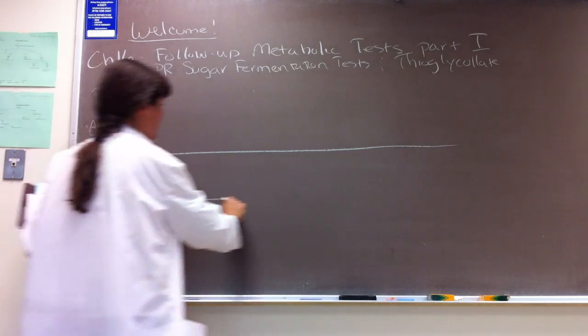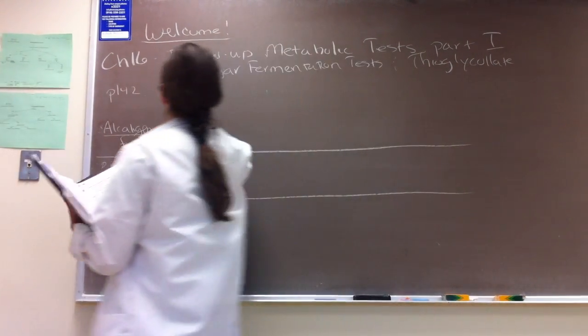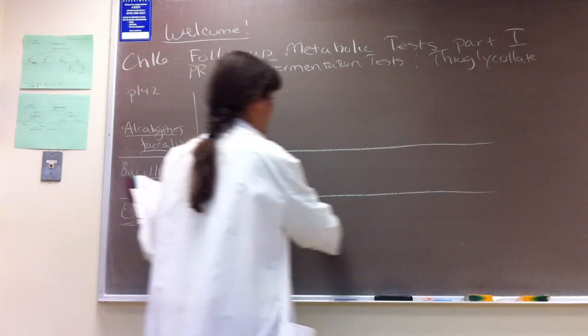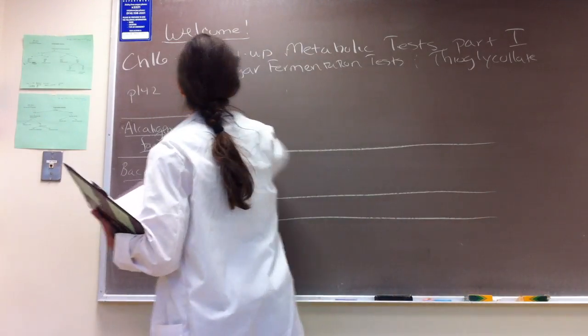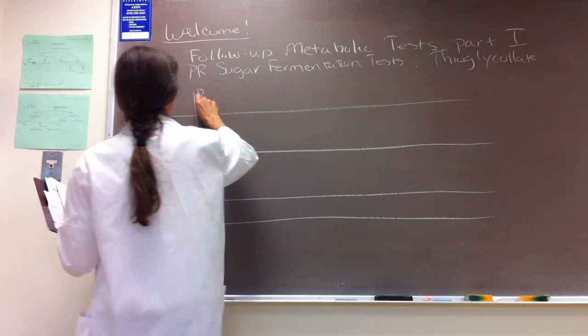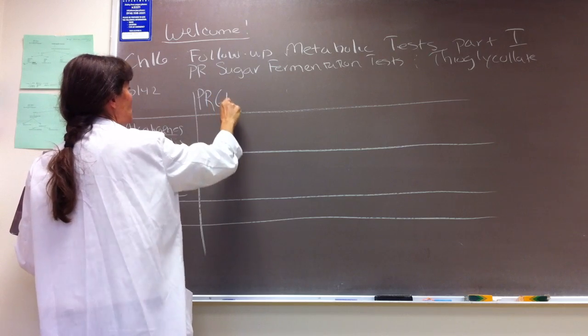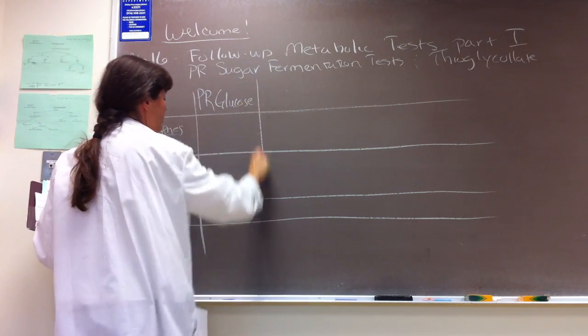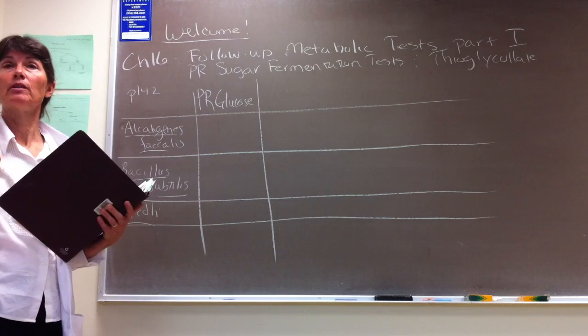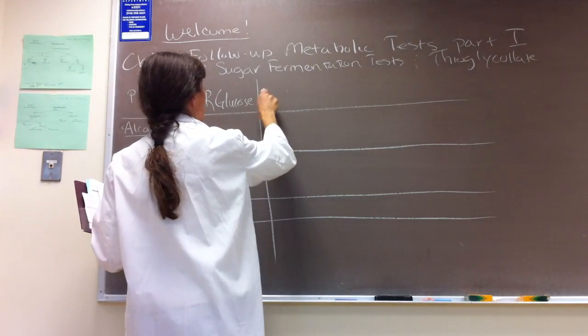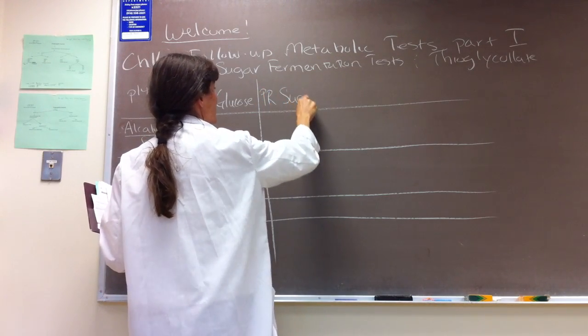And we inoculated each of these bacteria into 3 different PR sugar fermentation tubes. PR glucose, which you remember is a monosaccharide. If organisms are going to ferment any sugar, it's going to be glucose. And then we have our disaccharide, PR sucrose.